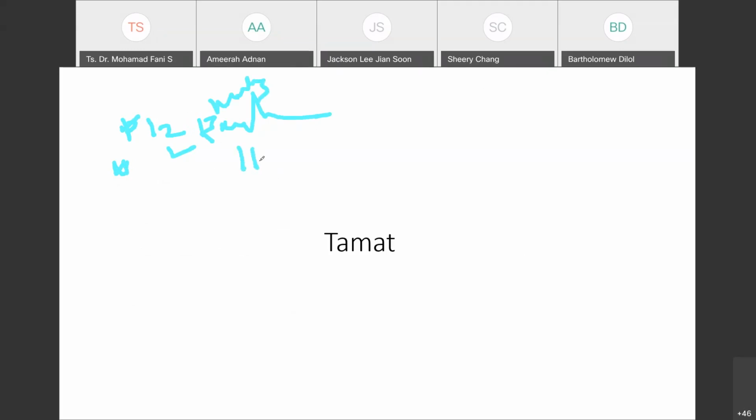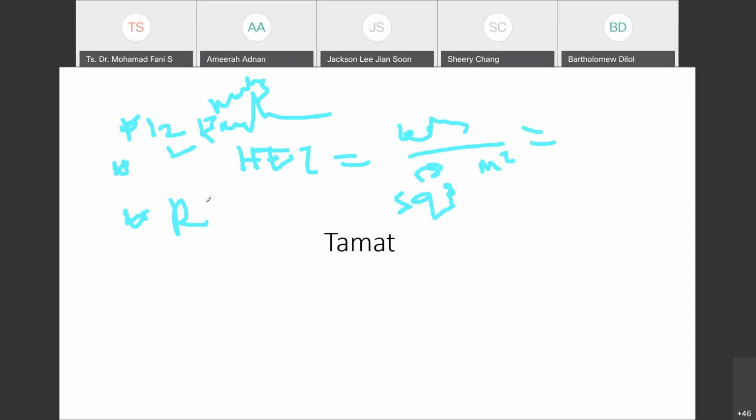So record their home efficiency index, the consumption over area in meter square. If you get the information in square feet, make sure you change it to meter square. So get the value. Okay. So do the room data survey. Get the lighting lux level, temperature, and humidity.